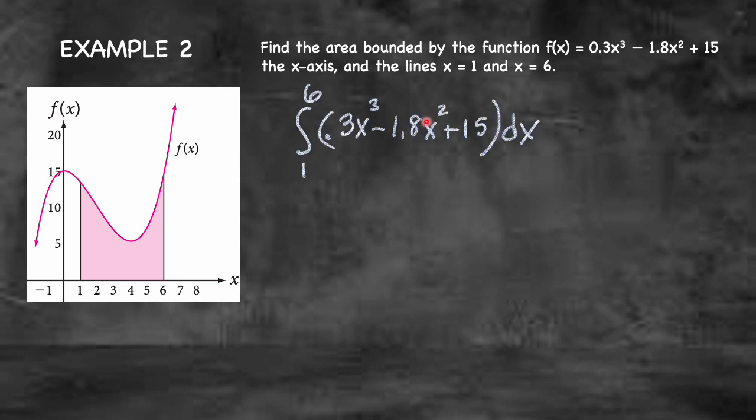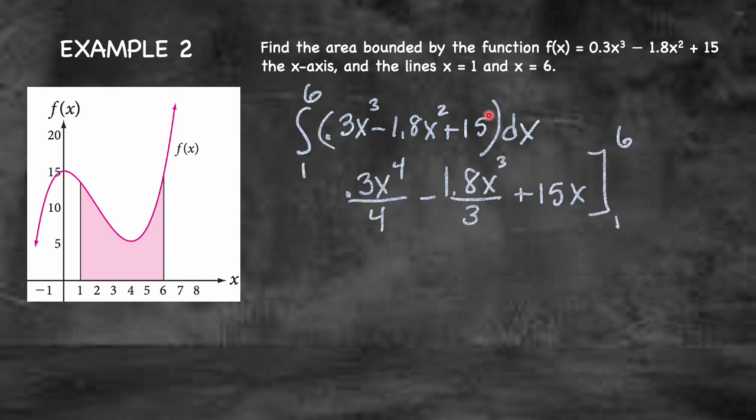So we're going to set up our integral using the same function we did in the previous example. We have 0.3x to the third minus 1.8x squared plus 15. And we're doing this over the interval from 1 to 6.